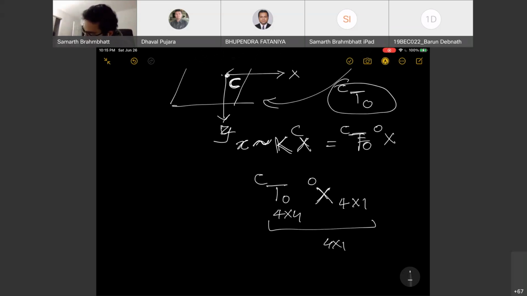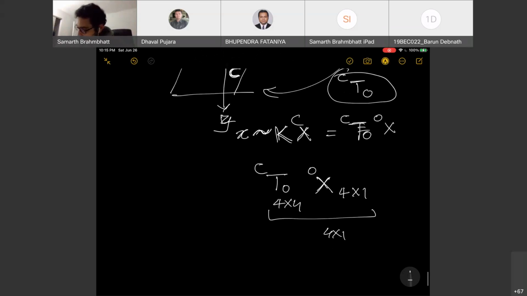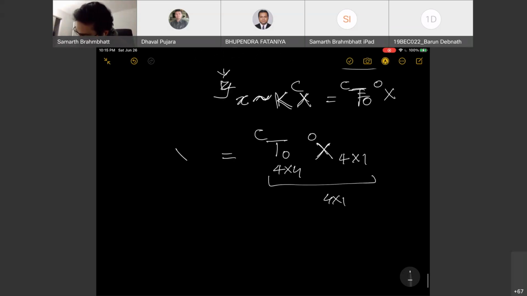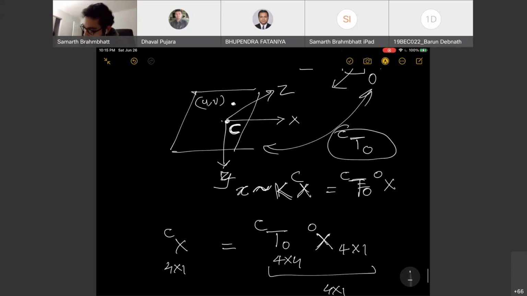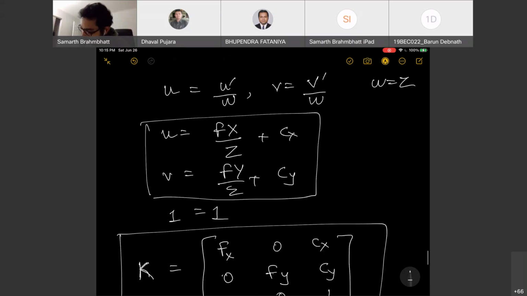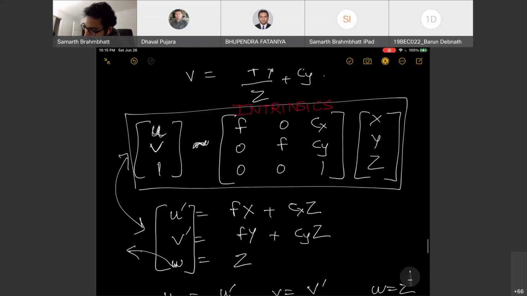This is actually XC, which is also going to be 4x1. But remember, when we derived this equation, this was actually 3x1, and we had dropped the 1 because the 3D point does not need to be in homogeneous coordinates, at least for this projection from 3D to 2D.